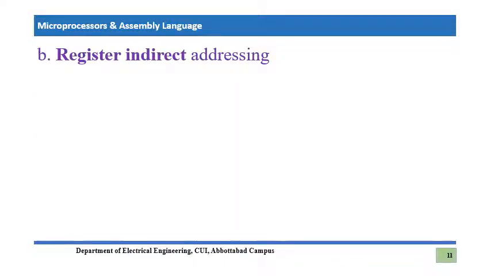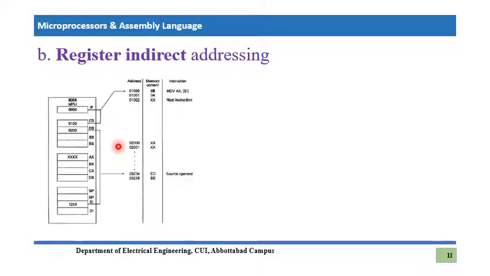Okay, let's take a book example, and in this example we see here the instruction is MOV AX, [SI], which is basically, let me write it if it is not clear. I hope it is clear, but I can write it for you. MOV AX comma, in brackets we have SI.